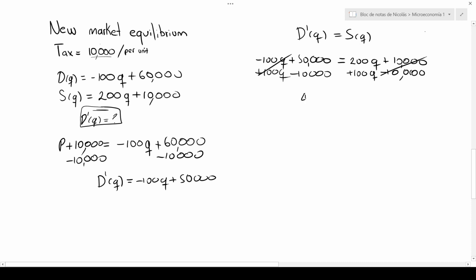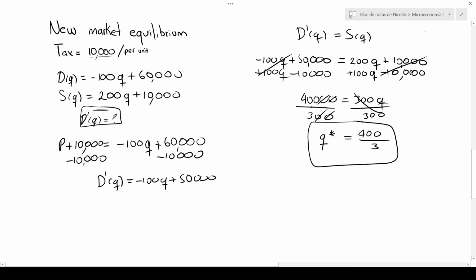We'll have that 40,000 equals 300Q. We can divide both sides by 300, and we'll have that the new quantity of equilibrium is 400 over 3, and this will be the effective amount of watches traded, taking into account this tax. So we know that the answer for this question is A, 400 over 3.